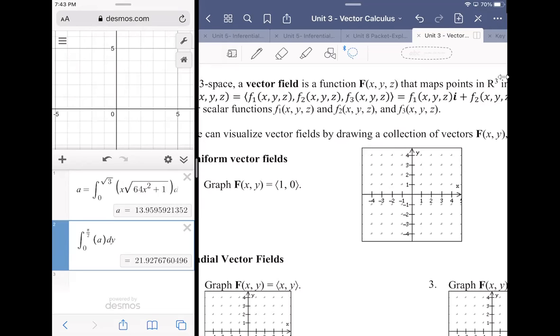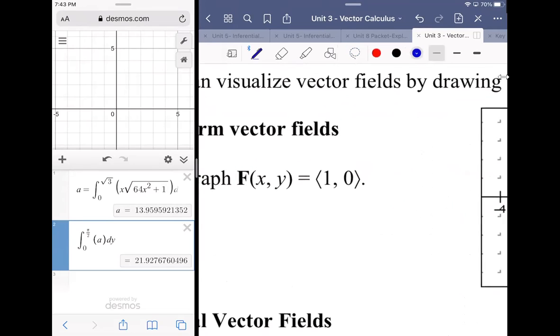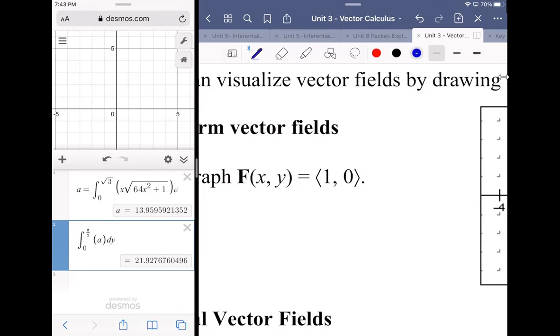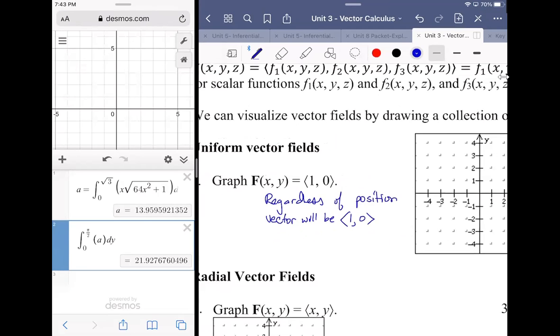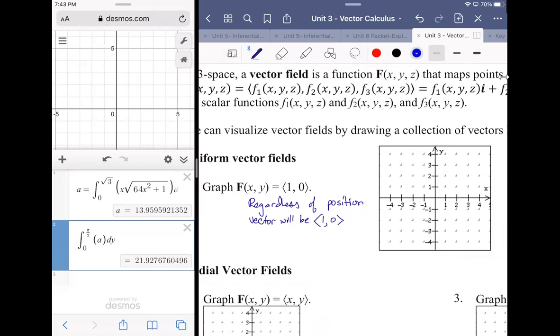All right. So what this is telling us, the first one, is we're looking at a vector regardless of position. The vector will be 1, 0. Now, there's no context here, so we don't really know what that means.